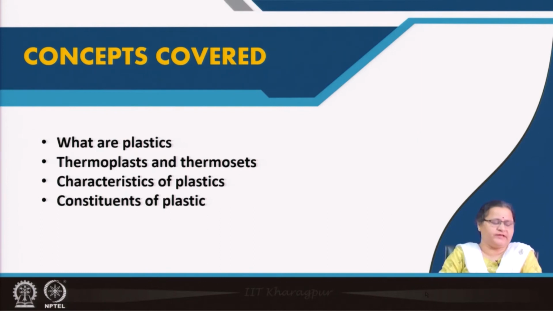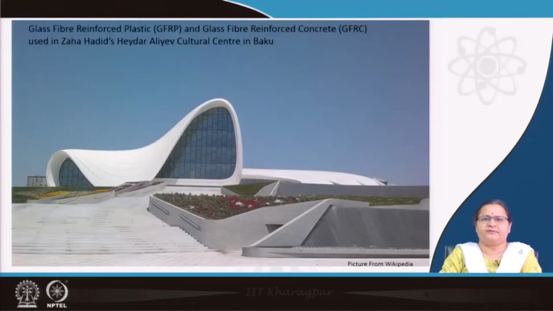But prior to moving there, we will see this huge structure by Zaha Hadid, which is of glass fiber reinforced plastic and glass fiber reinforced concrete, a mix of it. It is Heydar Aliyev Cultural Center in Baku.